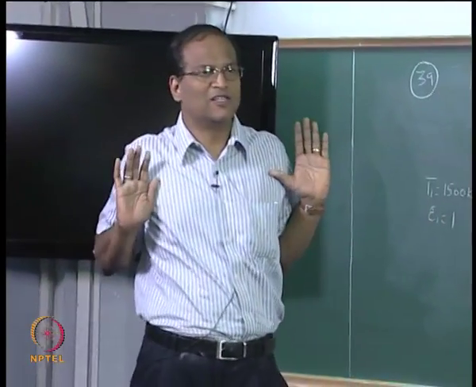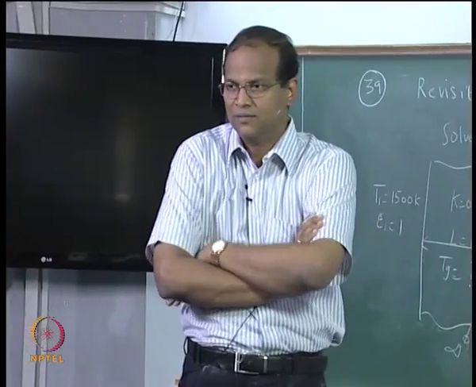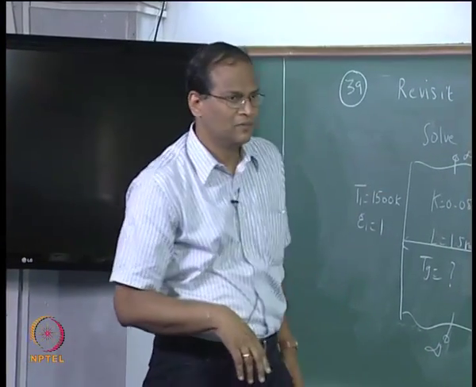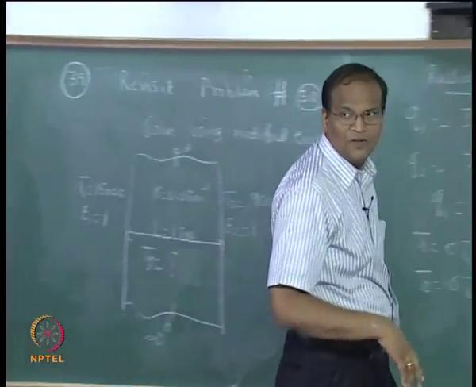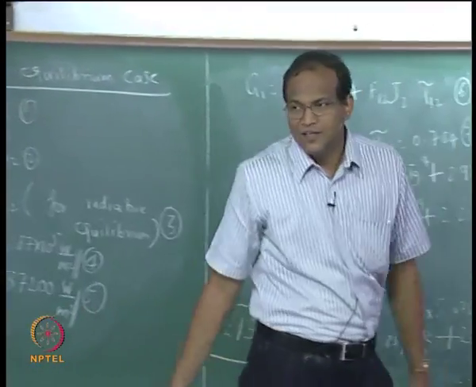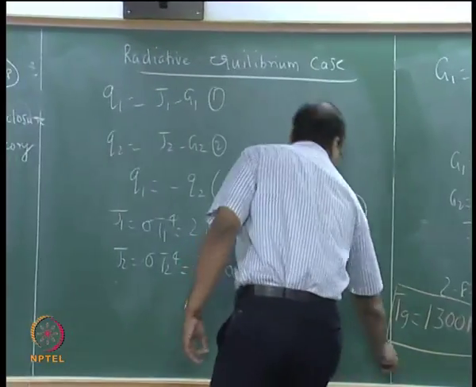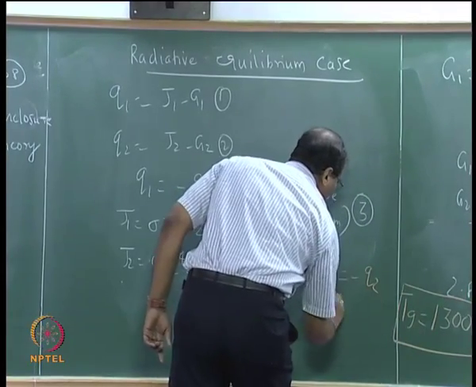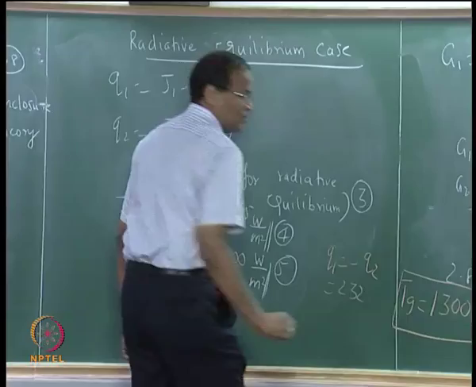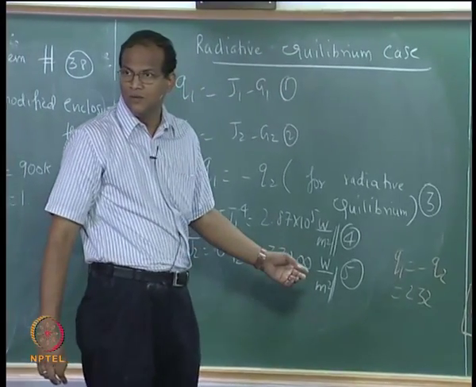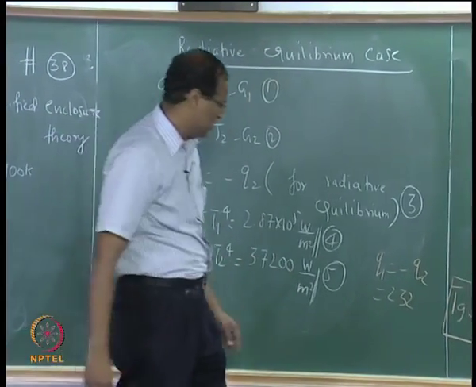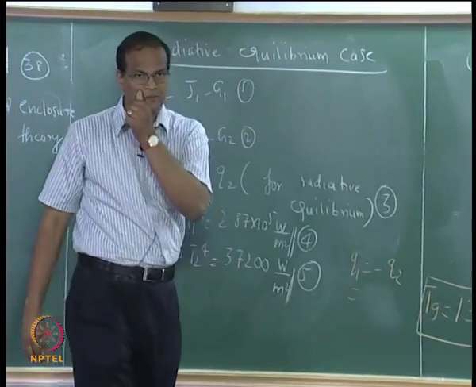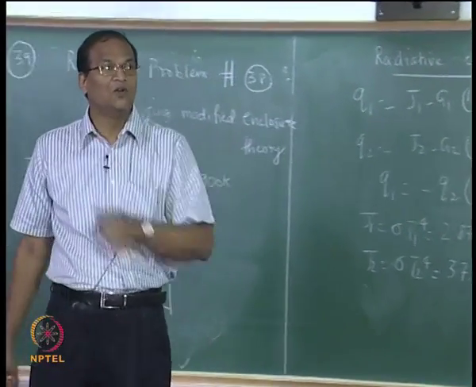Then whatever is coming from the left side will go to the right side. In the absence of the gas, what will be Q? Now what is Q for this? What is Q1? 232. No, just check. What is Q1 for this? 240?